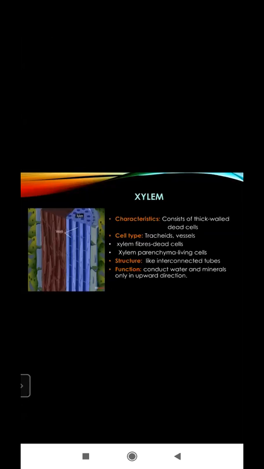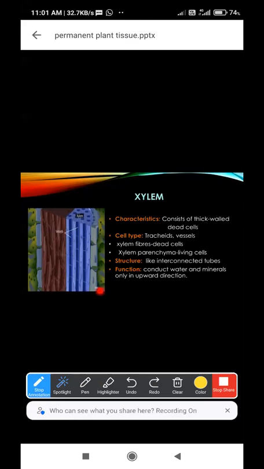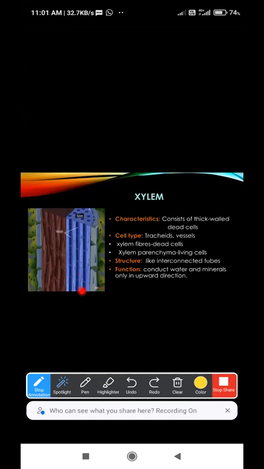This movement in the upward direction is carried out in the xylem tissue. So the main function of xylem is to conduct water and minerals in the upward direction. I hope you all have understood this.